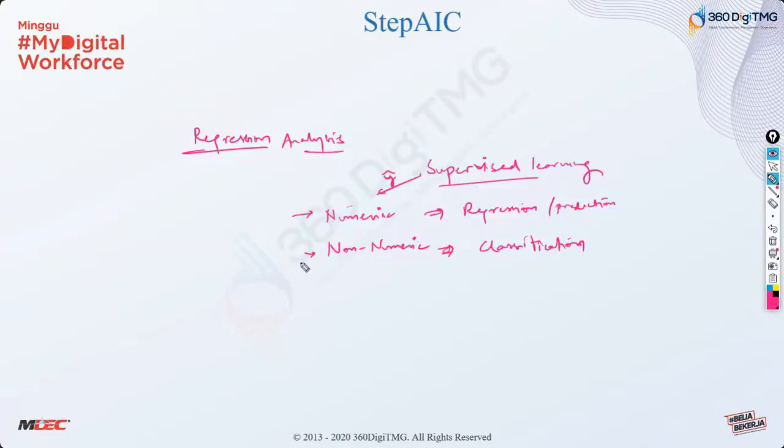Right? And always remember the output variable is getting affected by a bunch of input variables. And we call these input variables features or attributes or independent variables.